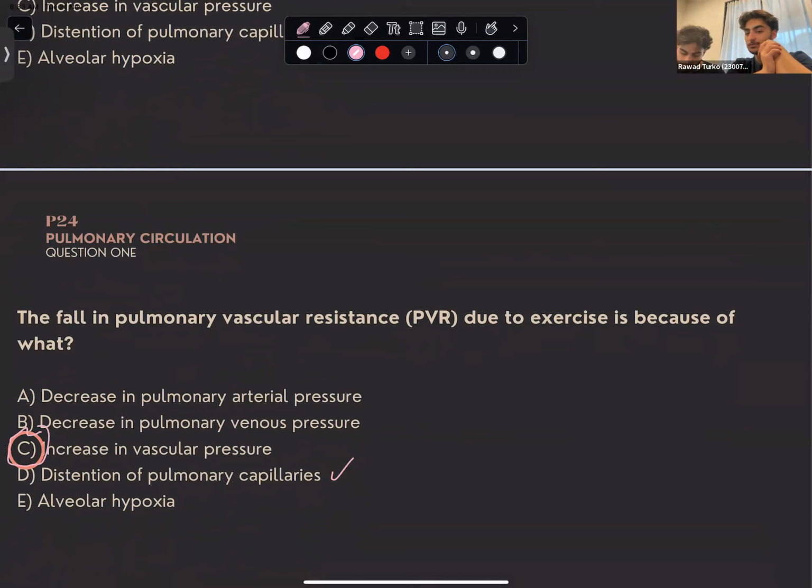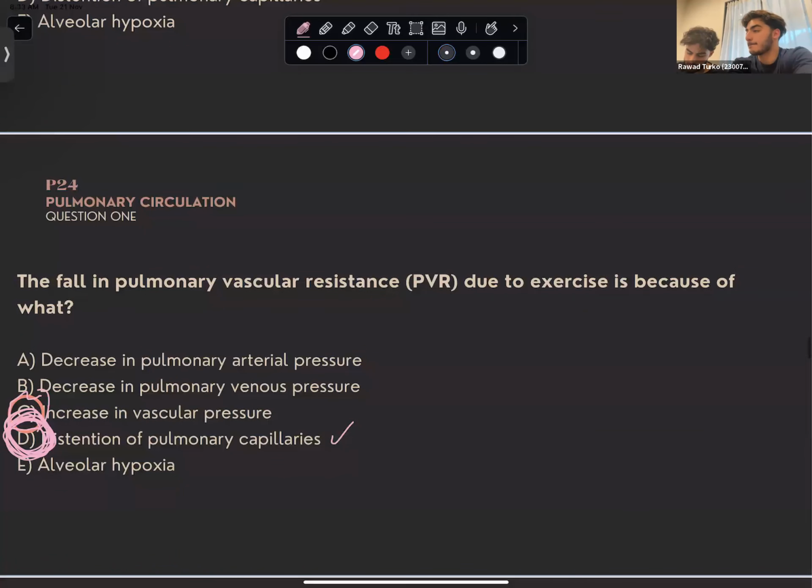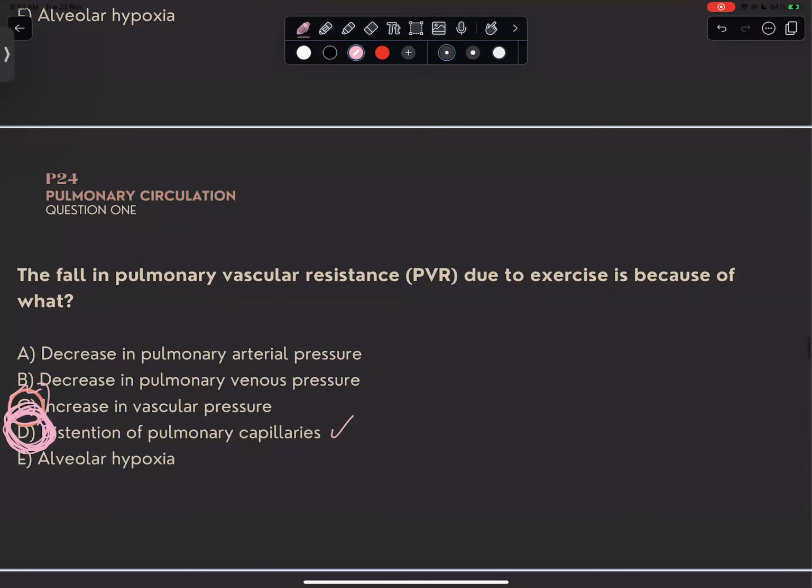First of all, what do we mean when we talk about distension of pulmonary capillaries? Increasing blood flow in capillaries. Sure, that is true. But when we're talking about distension itself, what does that mean?